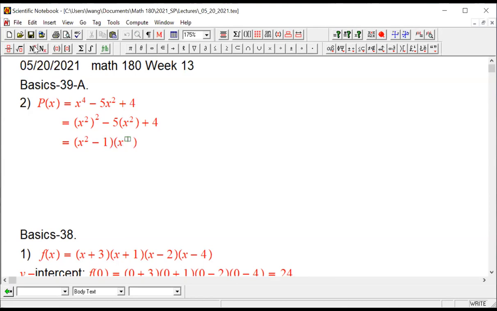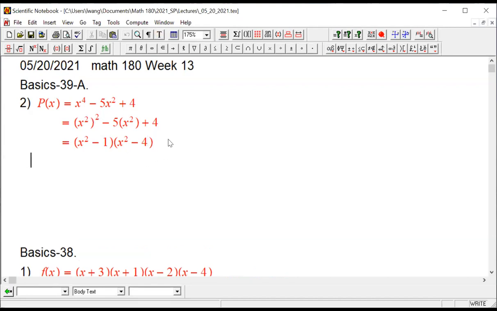For its simplicity or whatever, it just shows up in a lot of places. Okay, so continue the factoring, then we're going to get x plus 1, x minus 1, x plus 2, x minus 2, right?